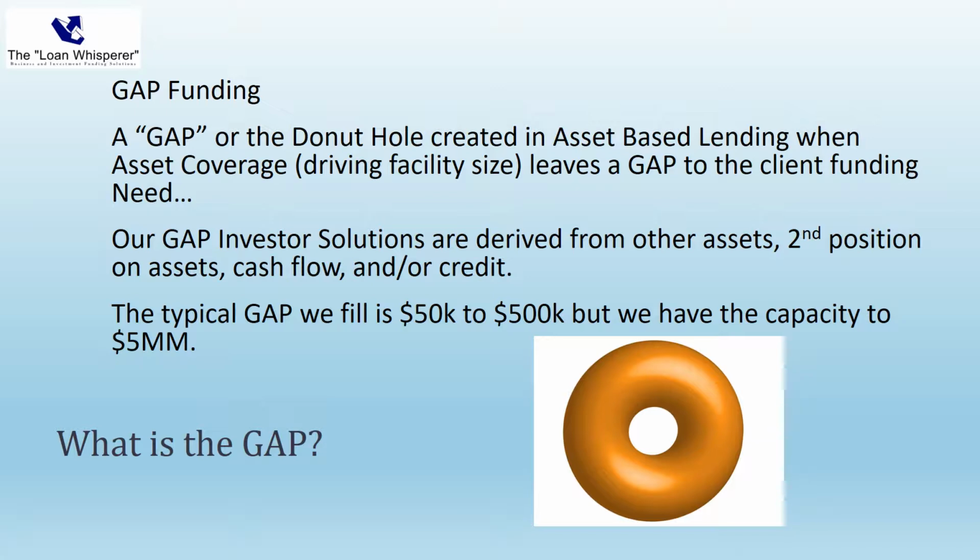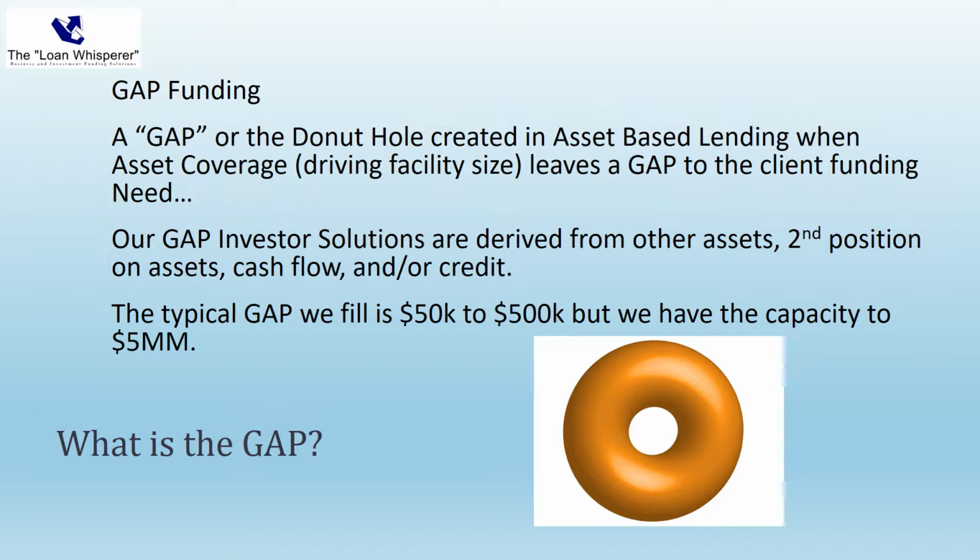So facility availability is your assets times whatever LTV the lender will advance or loan against. That's facility availability. Facility size is simply a number that says it cannot exceed this amount. So really what we want to be talking about is what's your current facility availability and what is the gap to your need?